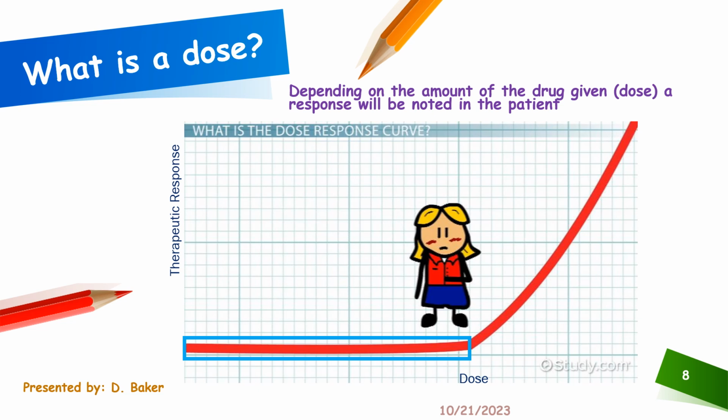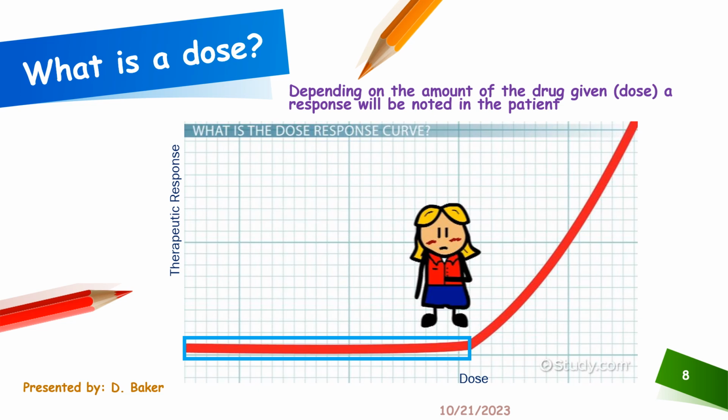This is the minimum amount of the drug that is needed to elicit a therapeutic response in the individual. So, regardless of how much of the drug the patient takes, if that patient has not taken the minimum amount of drug that is needed to elicit a therapeutic response, the patient is not going to be getting a benefit from the drug.